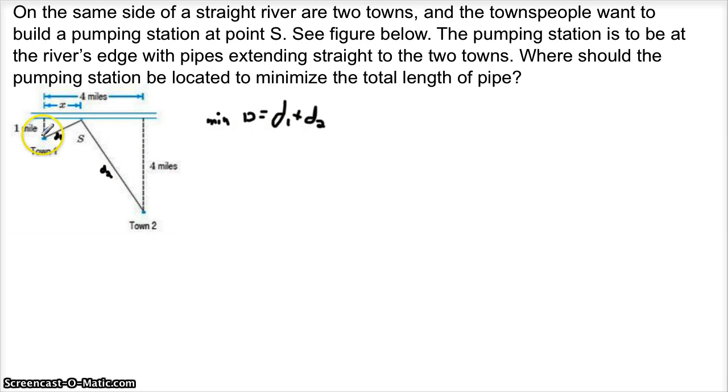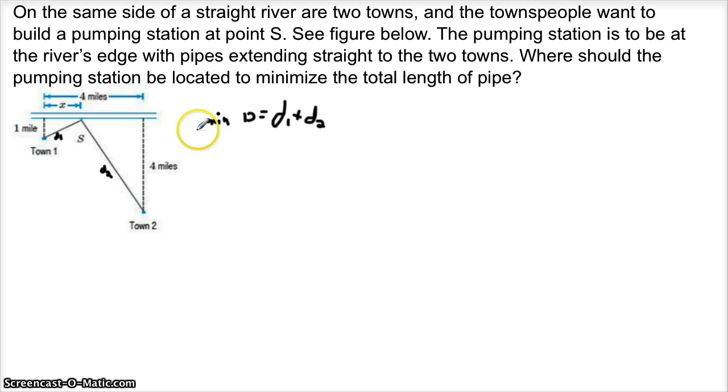This distance is actually the hypotenuse of a right triangle I have right here. Since it's a right triangle, because we're assuming this distance is measured perpendicular to the river, I know that distance, I know this distance, and x is just my distance from town 1 over to the pumping station. So I'm going to have an expression for D1 in terms of x.